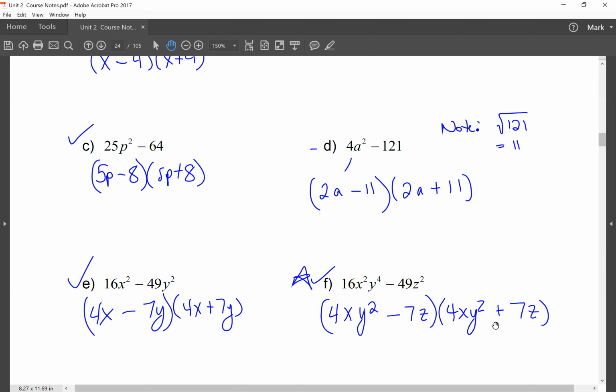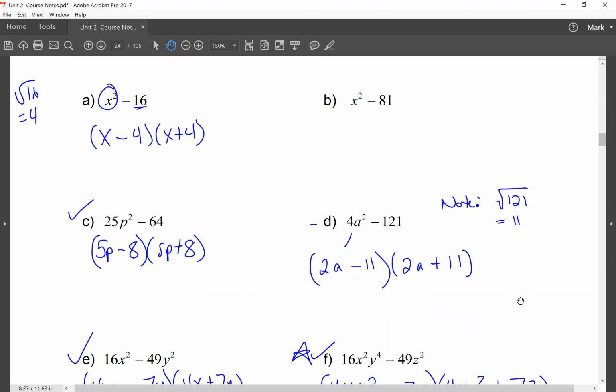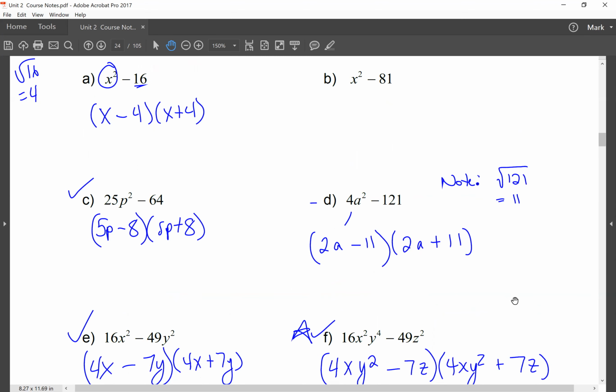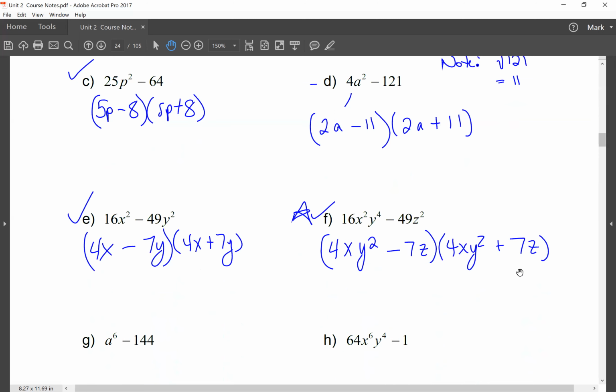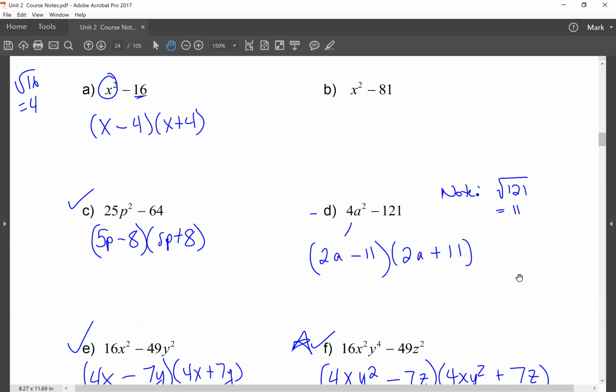But anyways, if you have trouble with something like F, don't worry. Typically, you would see difference of squares like A, B, C, or D. Something like that is more common. One thing I'll mention too before I move on to the last part of factoring finally, some of the problems in the book are purposefully difficult, and that's just to make sure that you're ready.